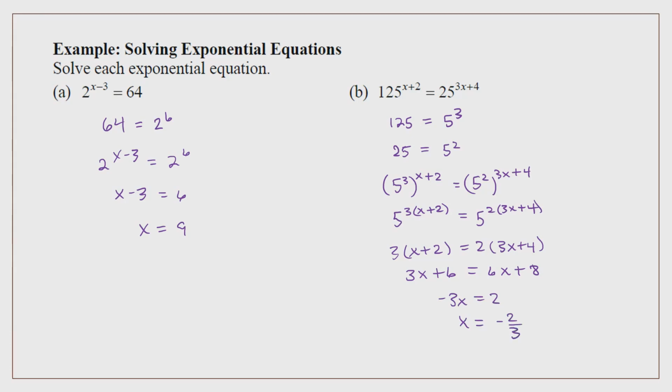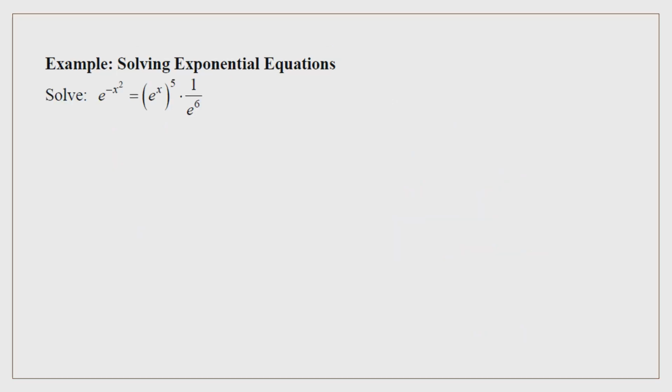Awesome. So now let's solve an exponential equation that involves e. Similar techniques as we did in the last two problems, but we now have a side of our equation that has multiple factors. Okay, so what we can do is we can simplify the right side a little bit more so that we can combine it into one factor or one term.